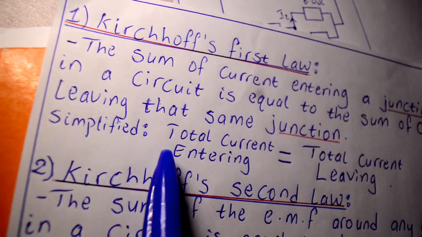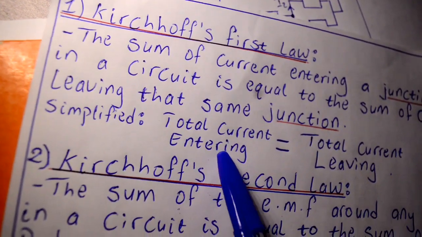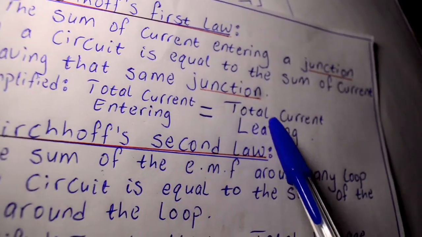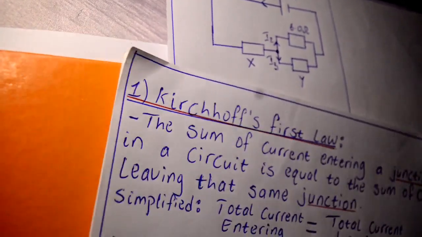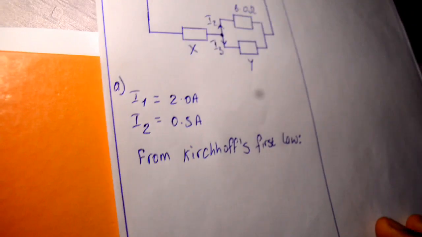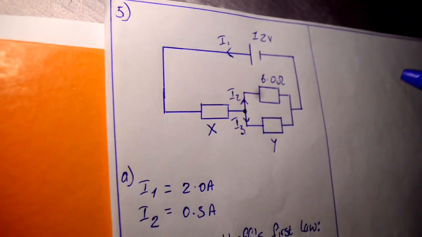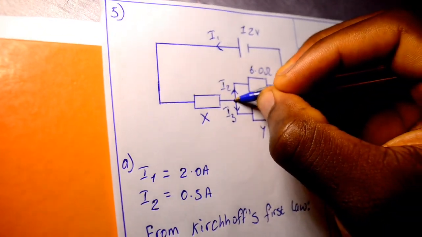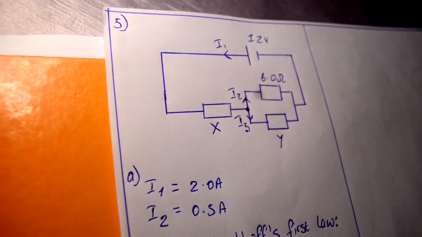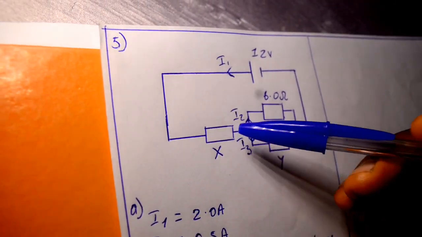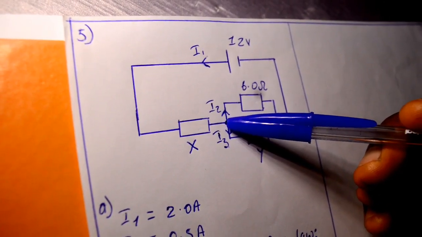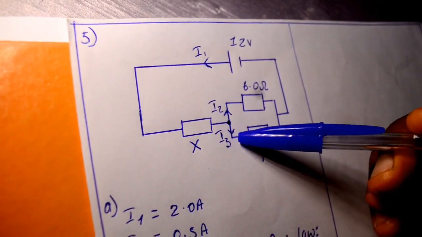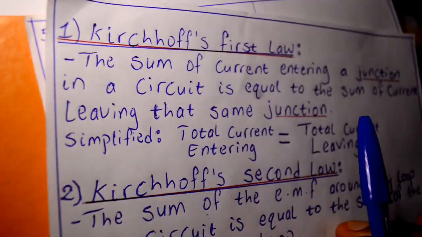This is the simplified form: total current entering is equal to total current leaving. Here you understand that a junction functions like a funnel. The amount of water entering a funnel must be equal to the amount of water leaving the funnel.